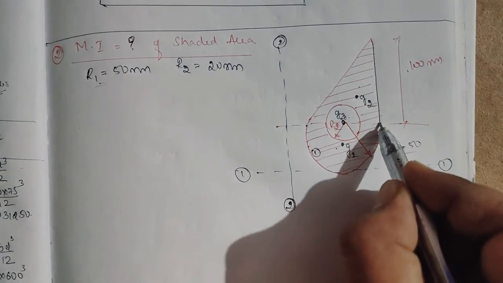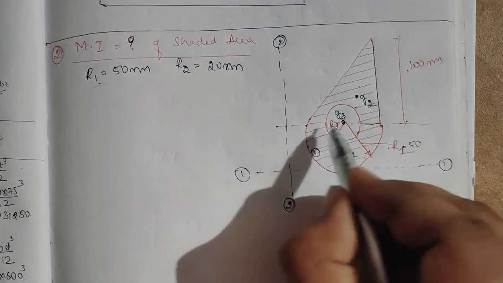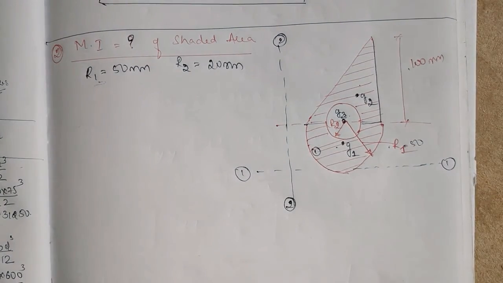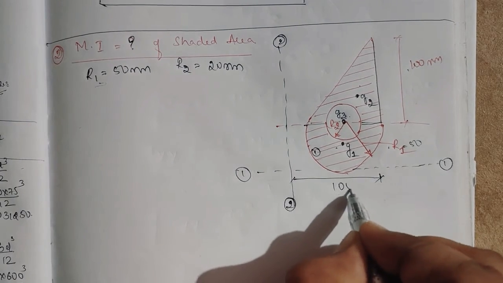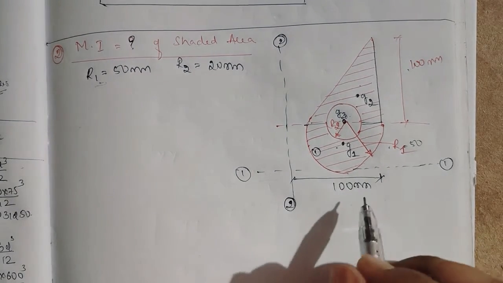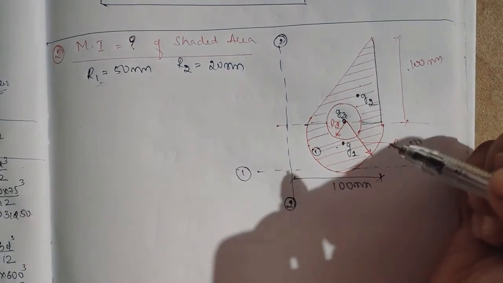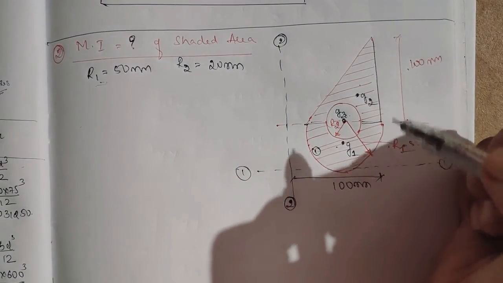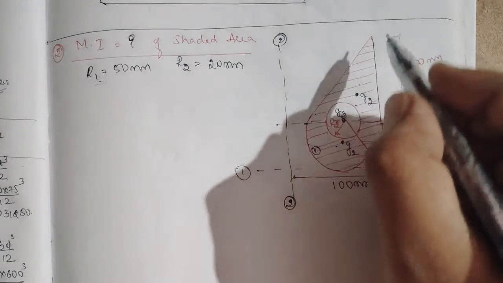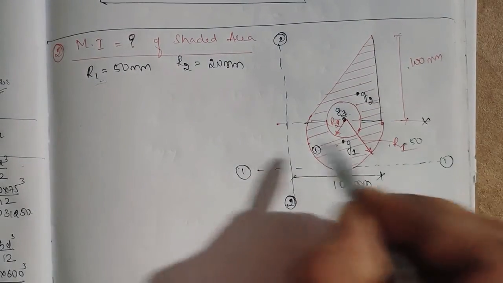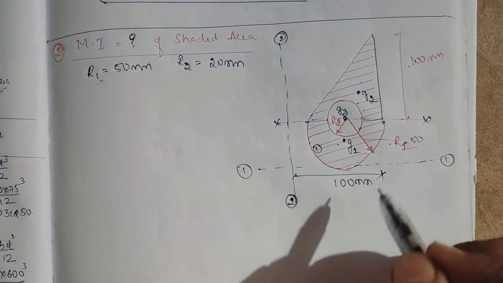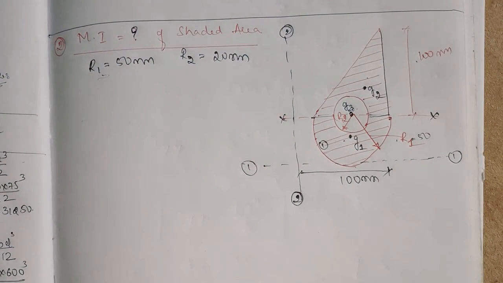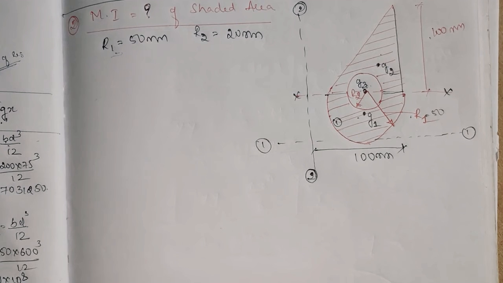Maybe this is a right angle triangle, I don't know. Yes, it's a right angle triangle, I saw the question. So the value of this is also 100 mm. And this is the x axis if I take it at the center. Okay, don't worry, now we will solve the problem.